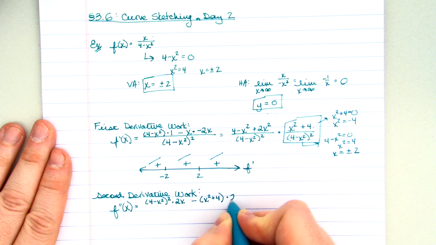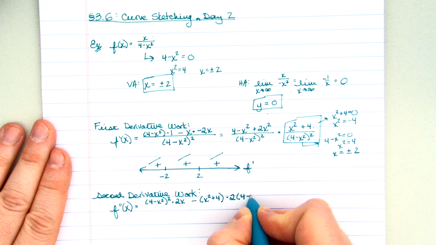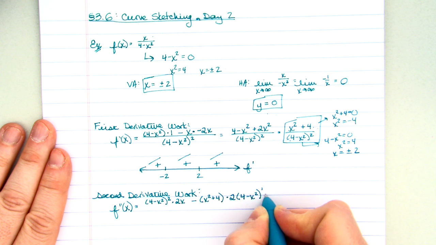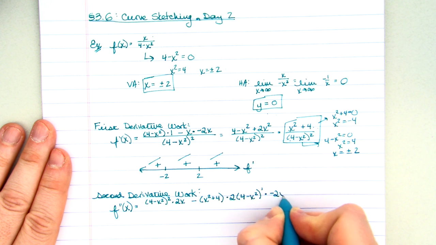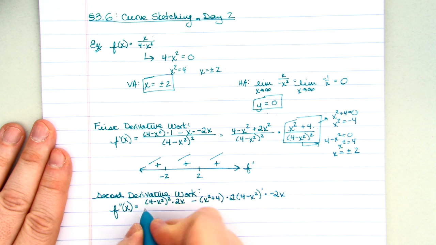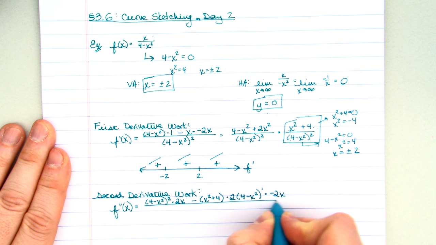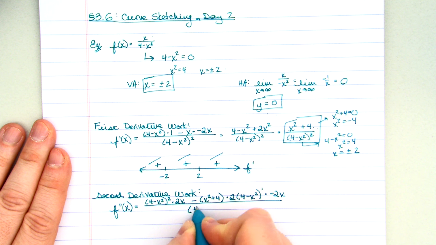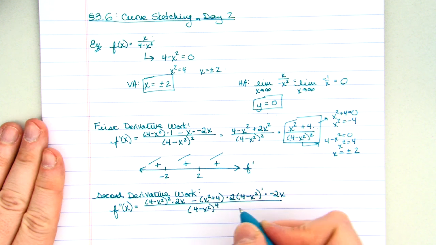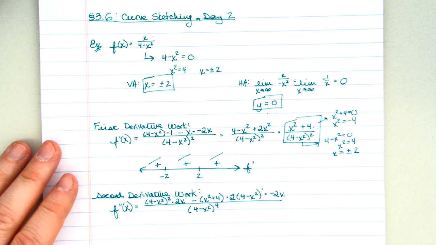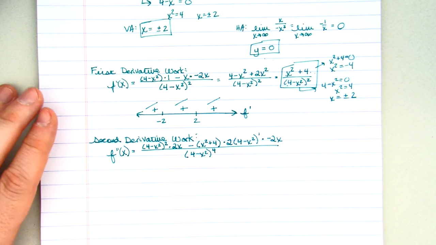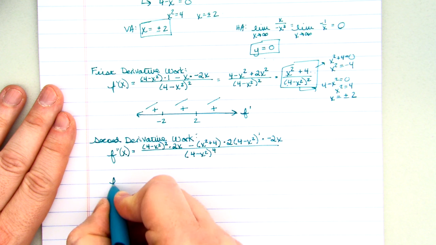D low, okay, so I'm going to take care of that square. By the chain rule, I now need to multiply by negative 2x. Draw the line and square below. (4 minus x squared) squared squared will give me (4 minus x squared) to the 4th on the bottom. This is ugly. I need to do some work with this.